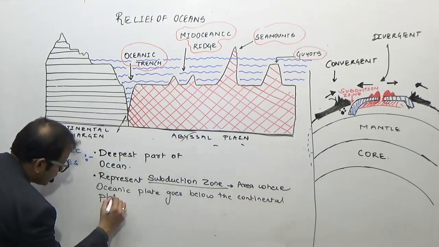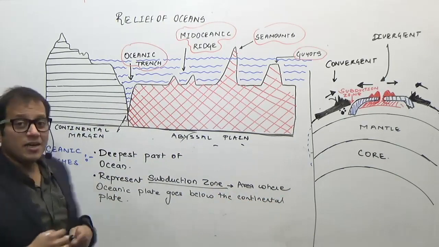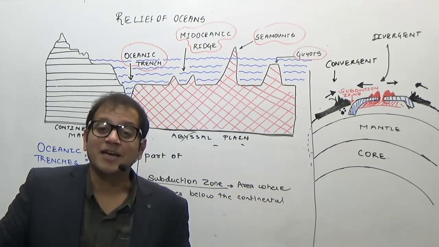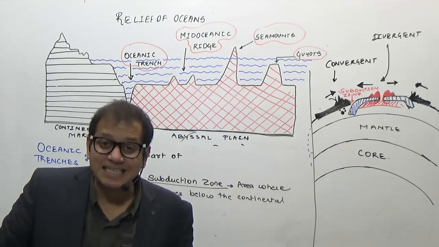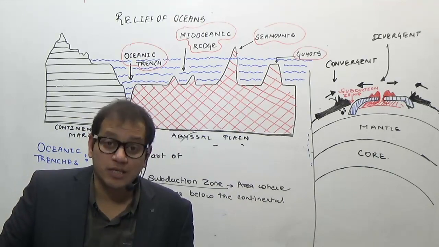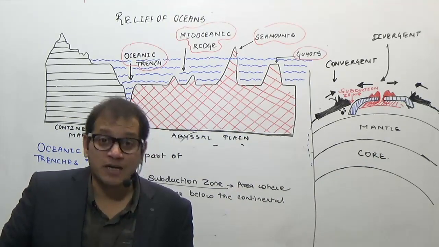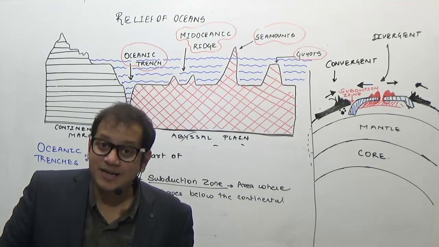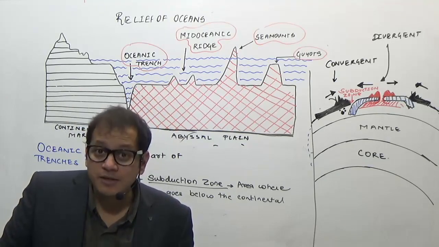The oceanic plate goes below the continental plate. If you remember your plate tectonics lecture, in which ocean is the oceanic plate going below the continental plate, which ocean has a ring of fire, or which ocean is most famous for volcanoes? Is it Atlantic or Indian or Pacific?